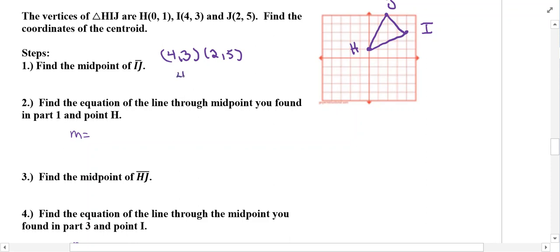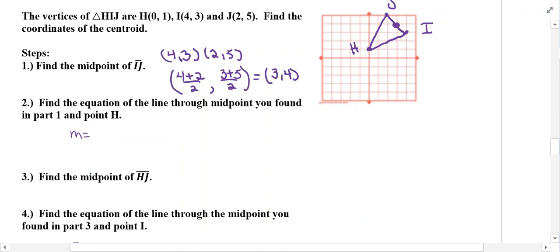Finding the midpoint, we would add the x's, divide by 2, so we're averaging the x's and we're averaging the y's. So our midpoint is (3, 4). And that's the midpoint of IJ, which is right there.